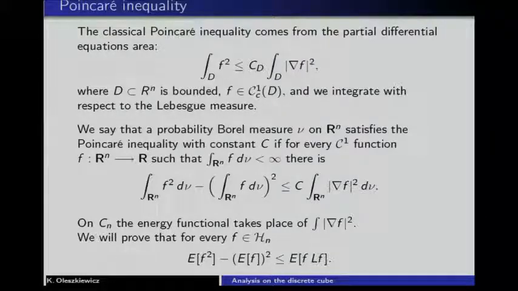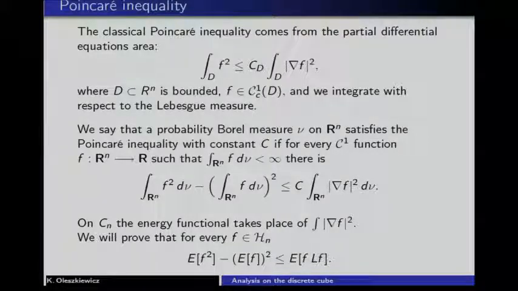Another difference is that here we have variance, so we sort of compensate for the expectation being non-zero. We know that the variance of a function is the same as the variance of the function shifted so that the expectation is 0. So this thing is shift invariant. If you shift f by a constant, it doesn't change. So this is a slightly different setting than in the original Poincare inequality. Instead of the function disappearing close to the boundary, we get this sort of thing.